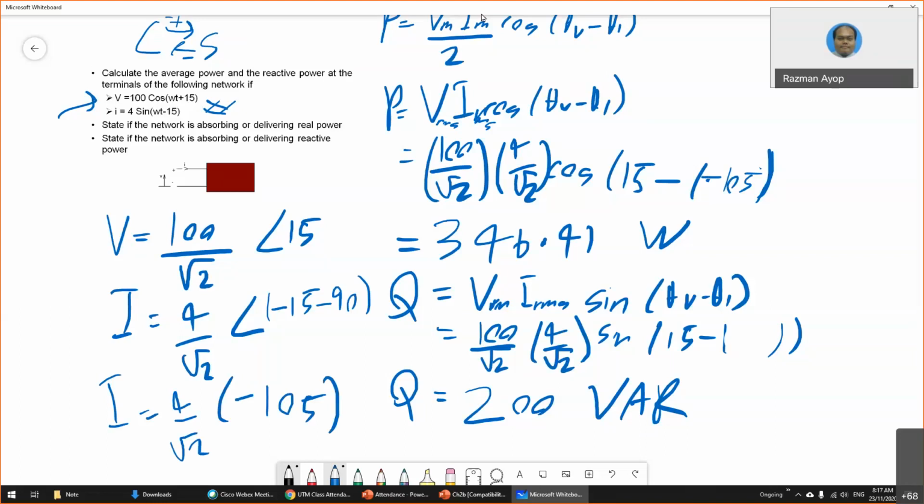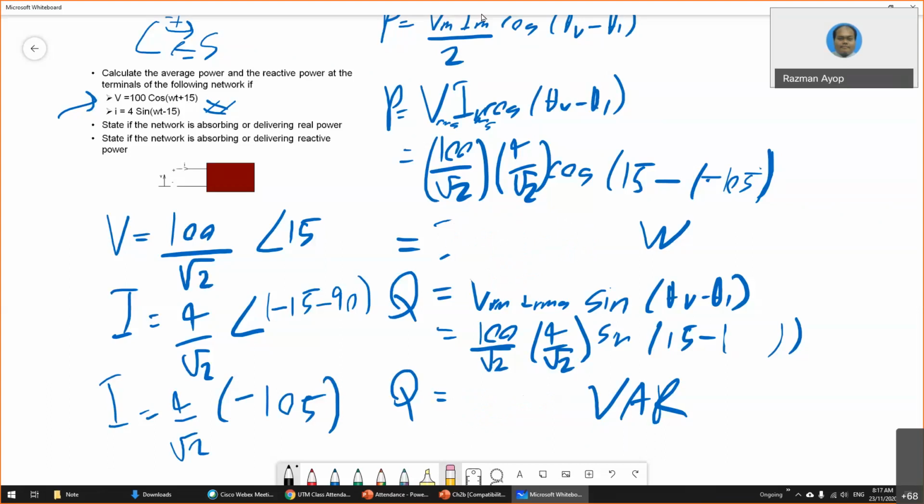So this one is also changing. 400 divided by 2 is 200 cos of 15 minus negative 105.